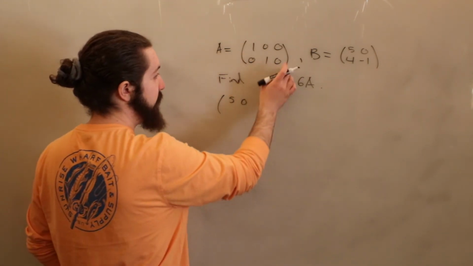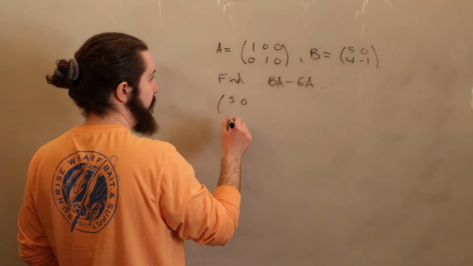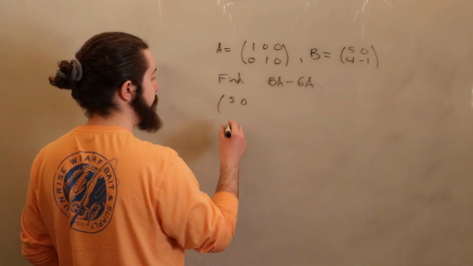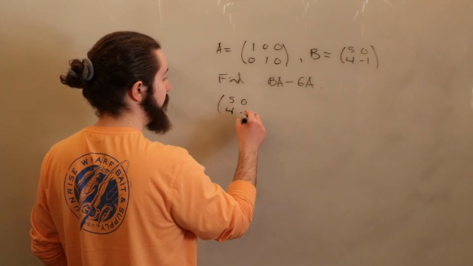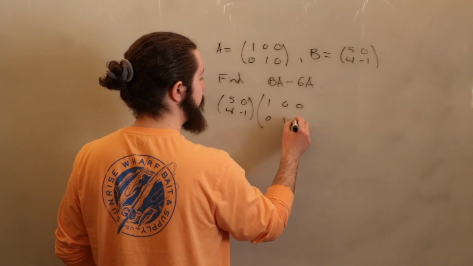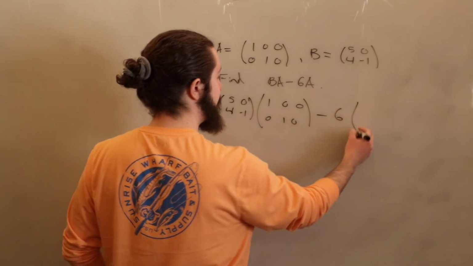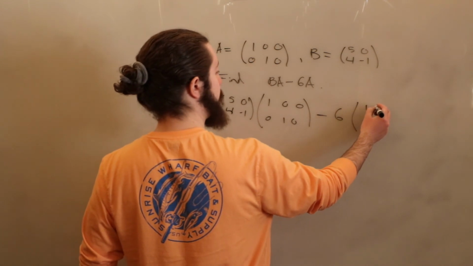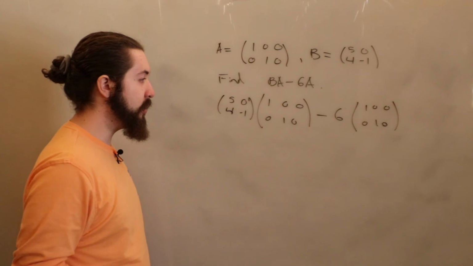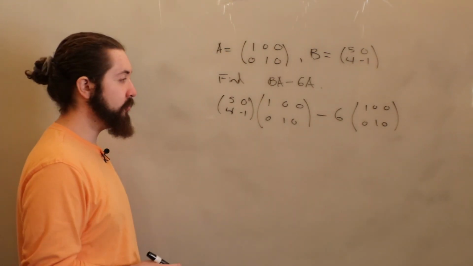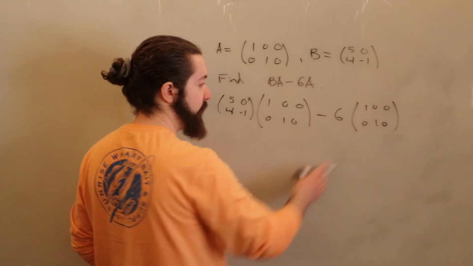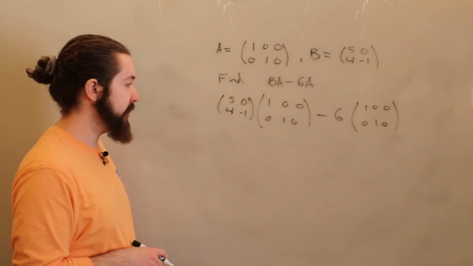It is going to be well defined, and it should give us back something which is 2 by 3. We're going to have 5, 0, 4, negative 1 times 1, 0, 0, 0, 1, 0, minus 6 times A, which is 1, 0, 0, 0, 1, 0. Once again, order of operations, we need to do our multiplication first, and that means both kinds. Matrix multiplication and scalar multiplication we need to do before we can do matrix addition.